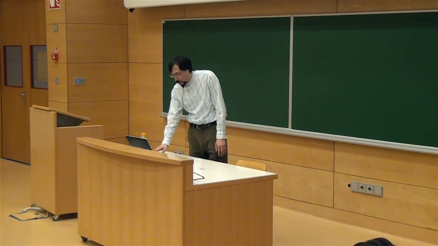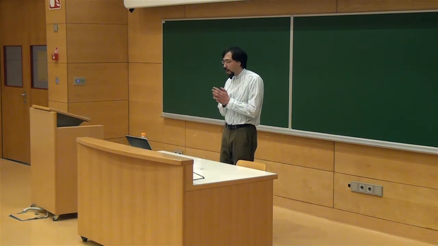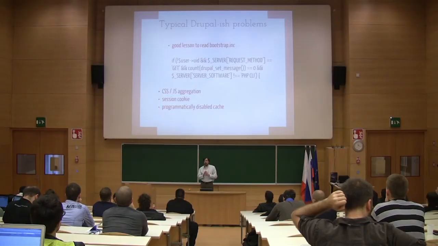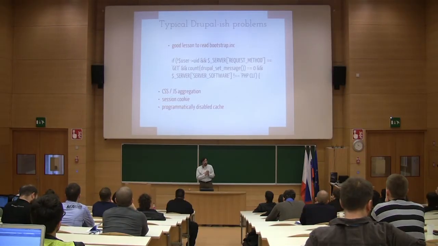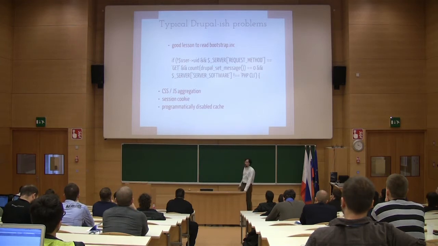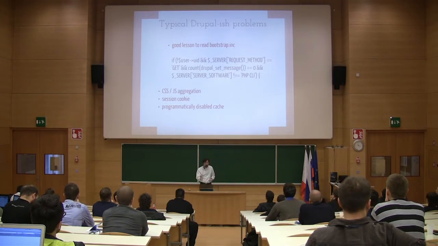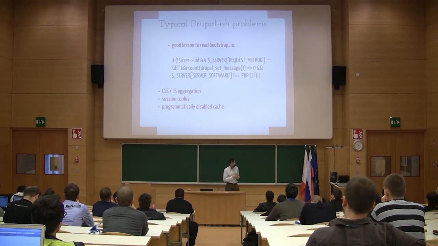With HTTP requests, what are the typical Drupalish problems I have seen? Firstly, if you are serious about performance, it's very good to read the Drupal source code. For example, in bootstrap.inc, you can see when Drupal does not use the cache.